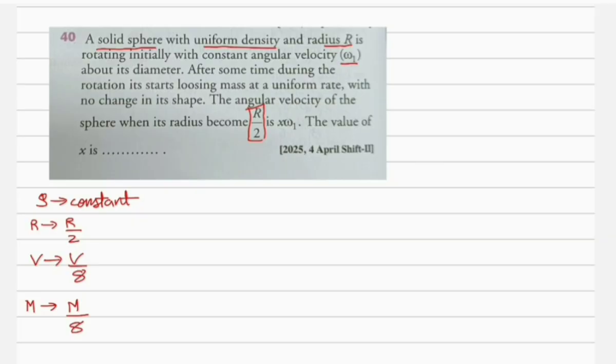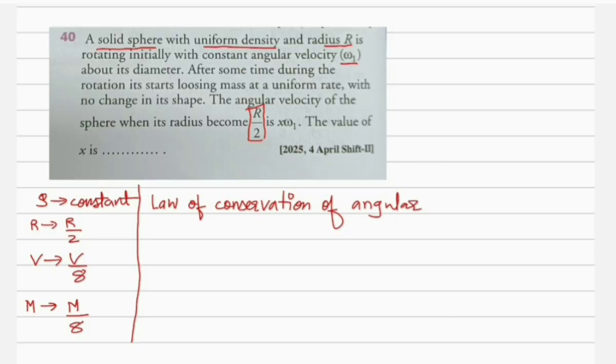Clear? Now tell me, can I use the law of conservation of angular momentum here? Yes. What is tau external over here? Come on, 0 only. That is the reason we can use it with confidence.